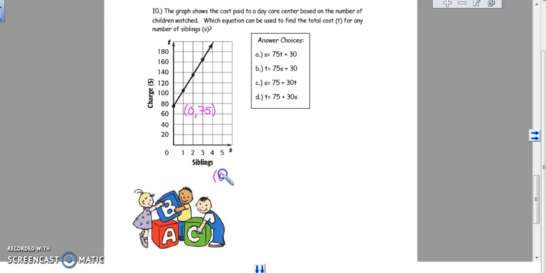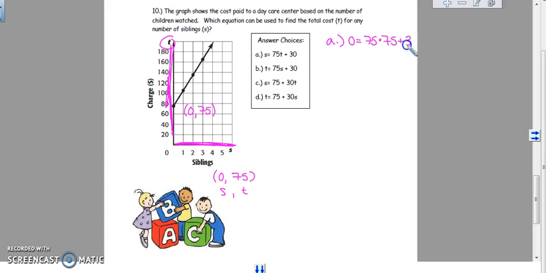So if I'm using 0, 75, the 0 is on the S axis. The 75 is on the T axis. Okay, now we're going to substitute in and check. So S, we said was 0, equals 75 times my T, which is also 75.